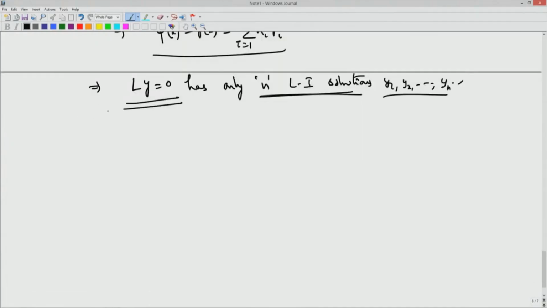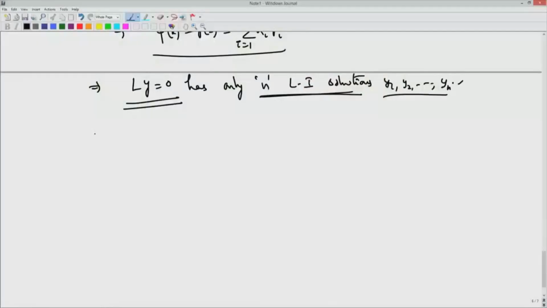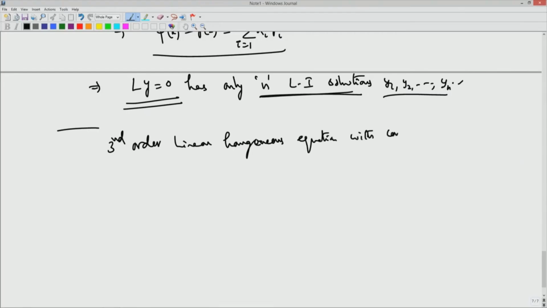So let us see higher order equations. These are your higher order equations. As for the second order case, we can also solve any nth order homogeneous equation. Let me take only third order equations: third order linear homogeneous equations with constant coefficients.